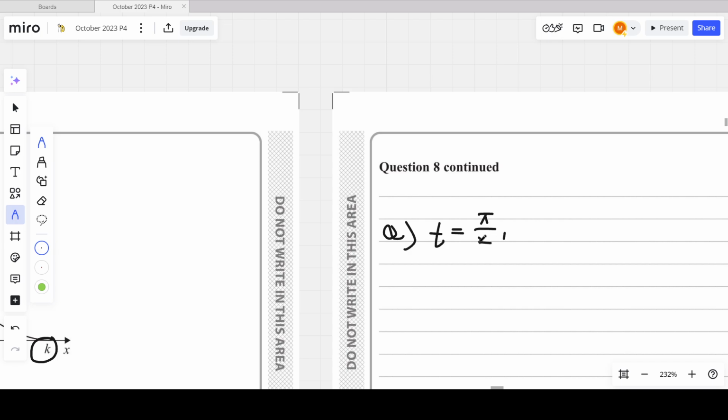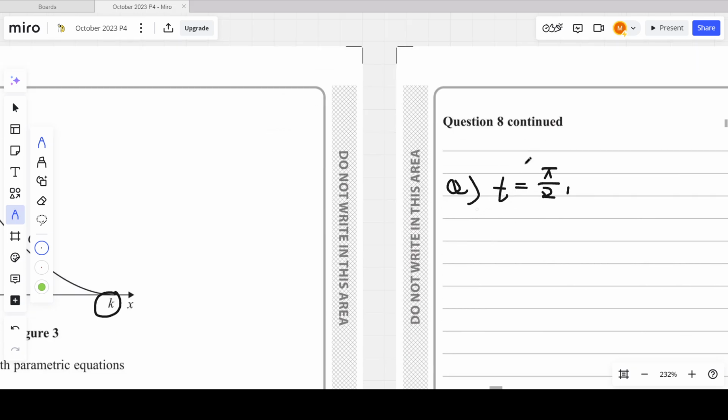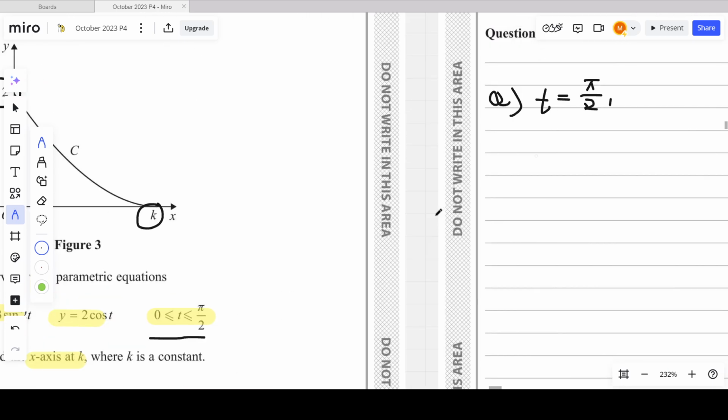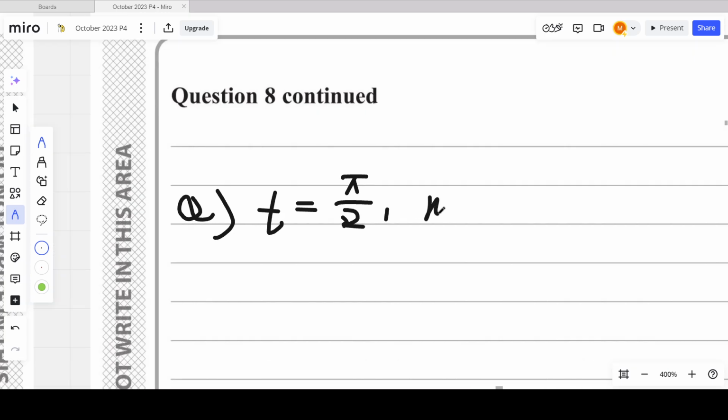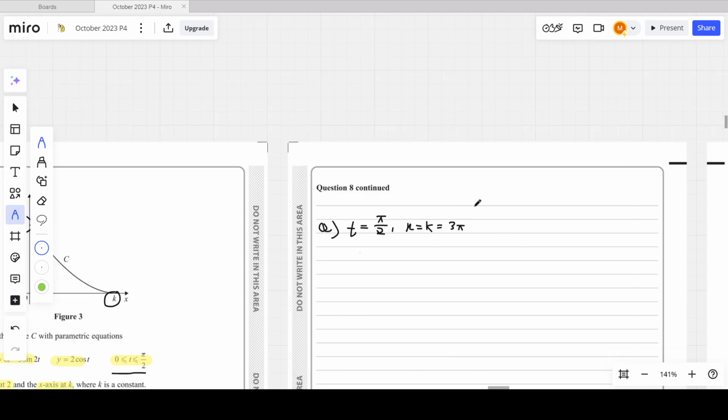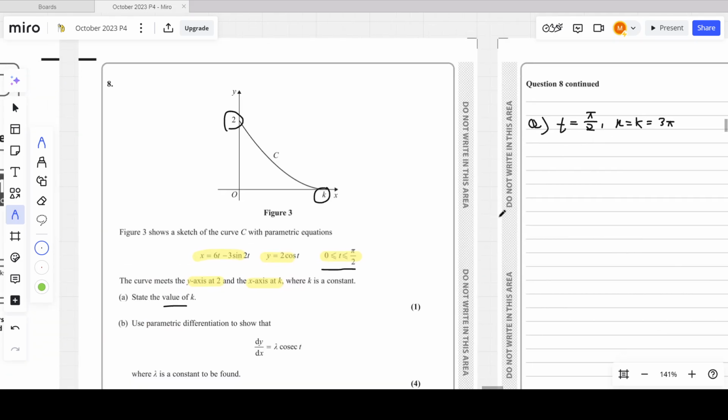Putting t equals pi over 2 into the parameter of x, we get 6 times pi over 2, that is 3 pi, minus 3 sine 2t.